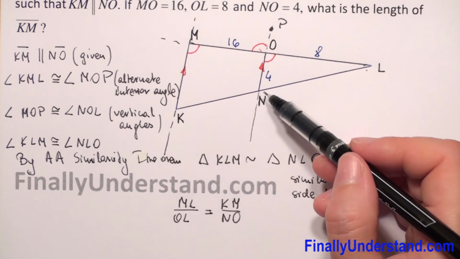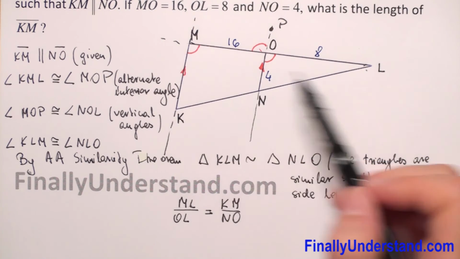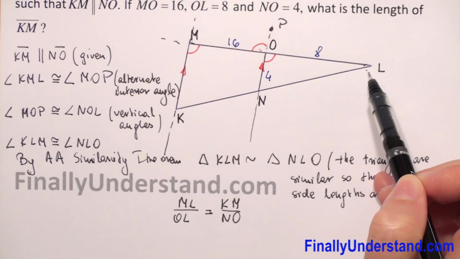KM is longer than NO and ML is longer than OL.